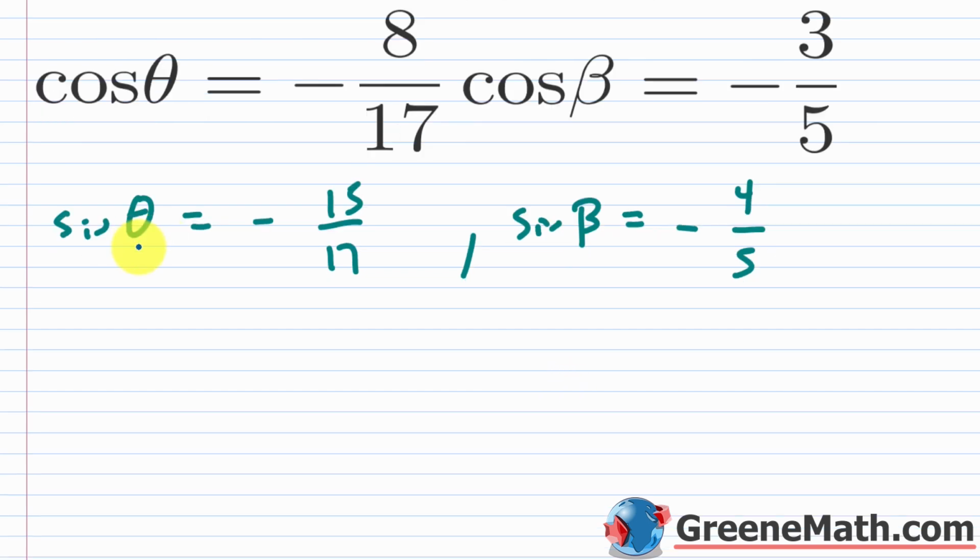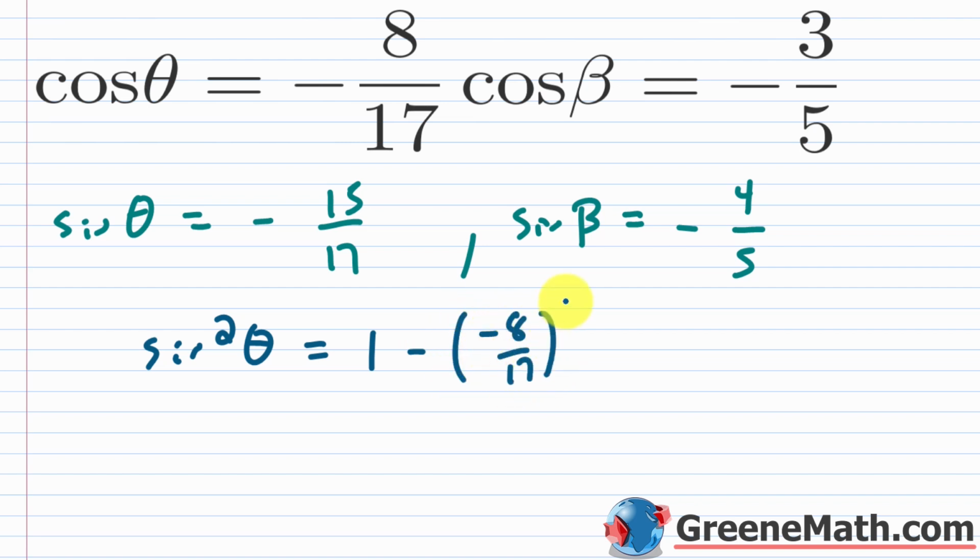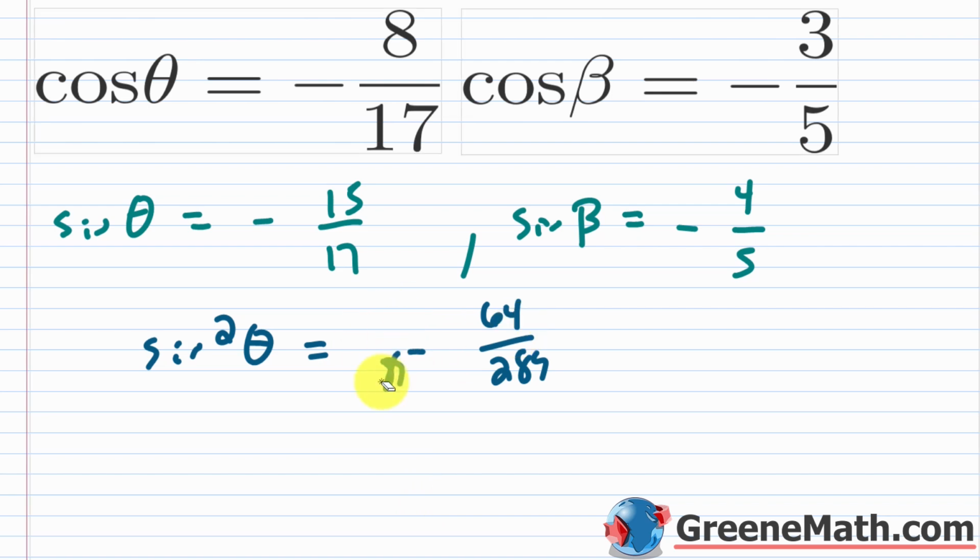So if you want the sine of theta, you can say sine squared theta is equal to 1 minus your cosine squared theta. So this would be negative 8 over 17 squared. So this would be 64 over 289. And you would say that this is 289 over 289. And so 289 minus 64, that's 225.